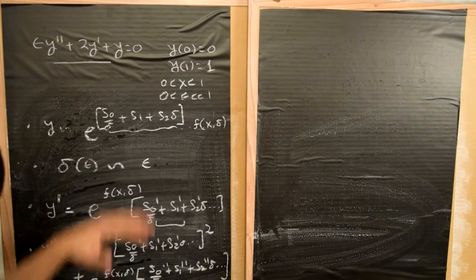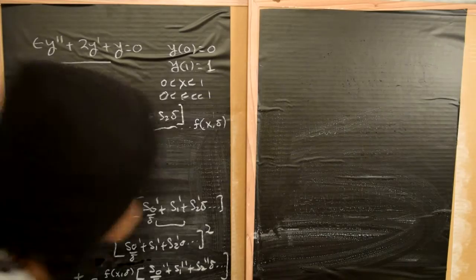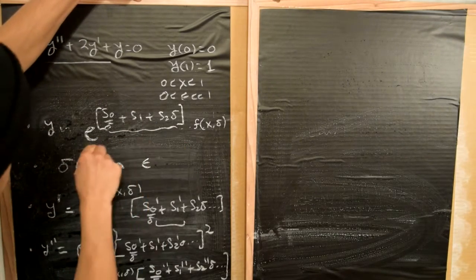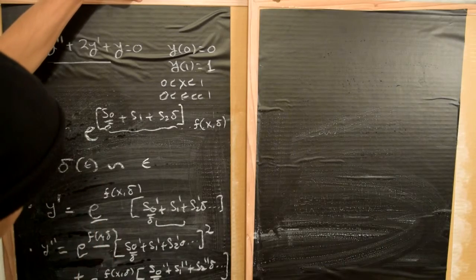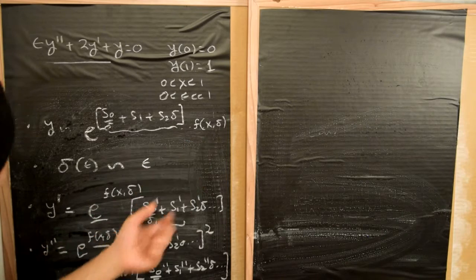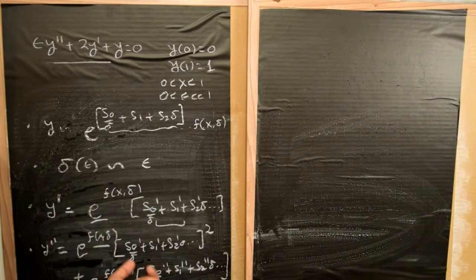So now we'll substitute all of this into the differential equation. Notice all the terms contain this e to the power of the function of x and delta, so we don't need to write it again. We can just work with the prefactors of that exponential.